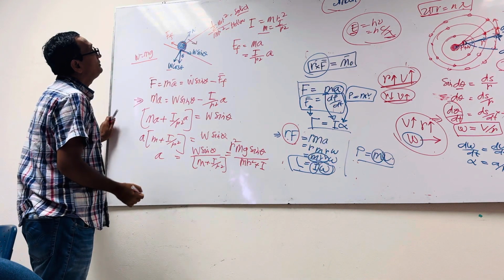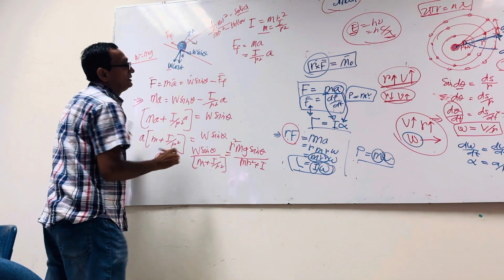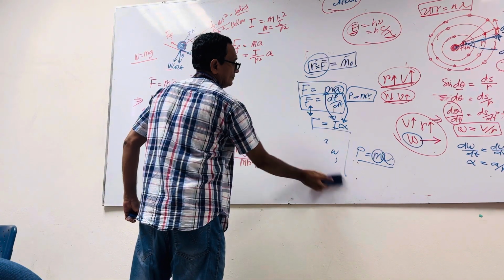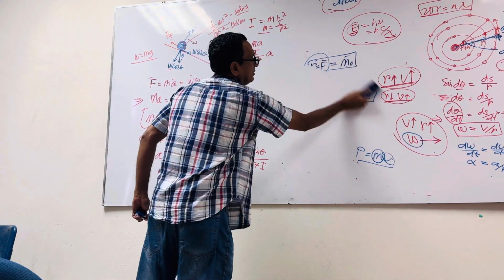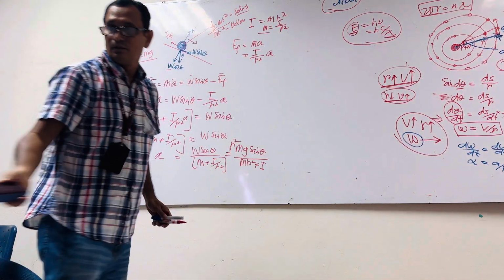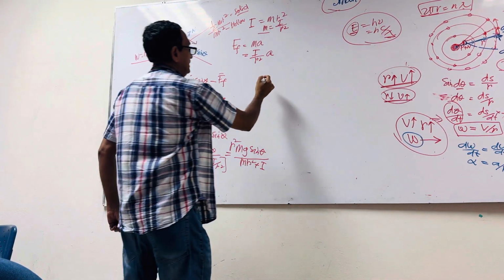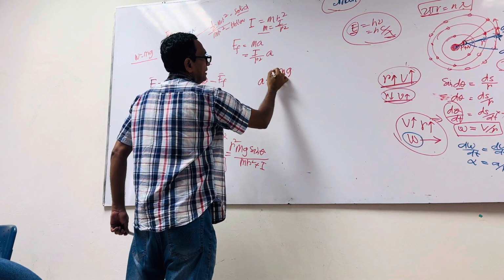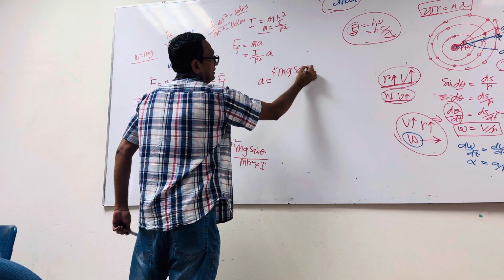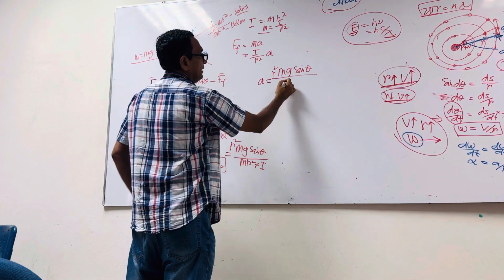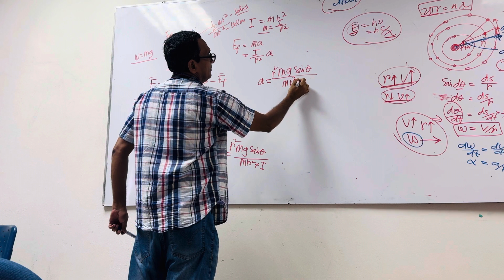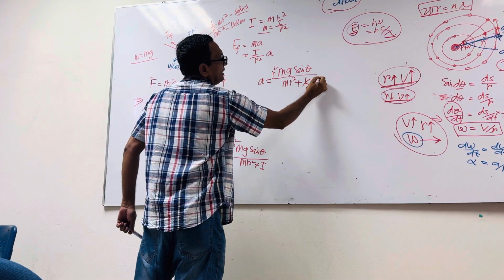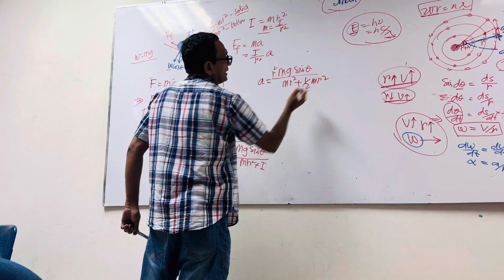So if it is solid, then that value a should be related to mg sin theta divided by m r square plus, for the solid, half m r square.